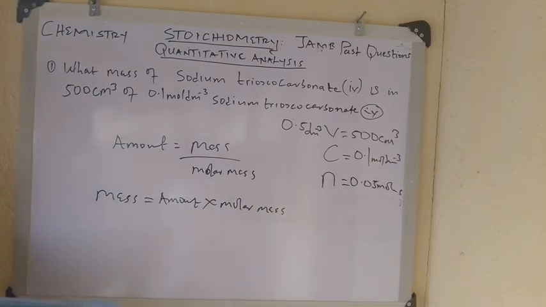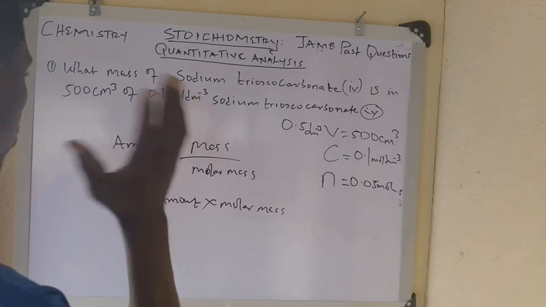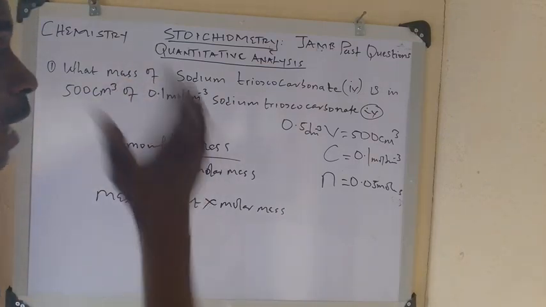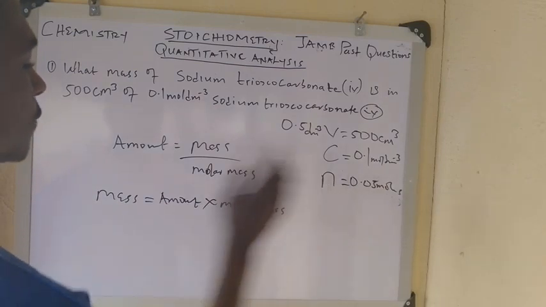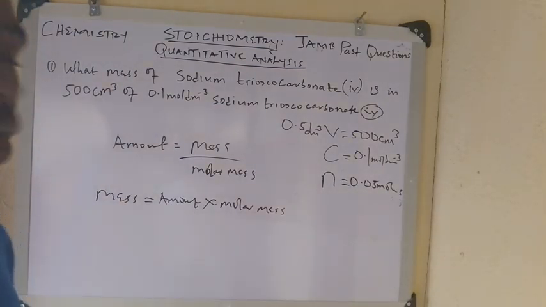If we make mass the subject of the formula, we have amount times molar mass. Now, since our amount is 0.05, how do we calculate our molar mass?